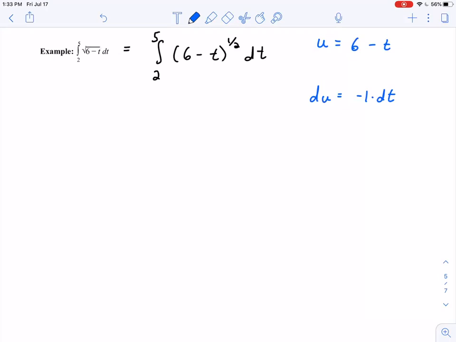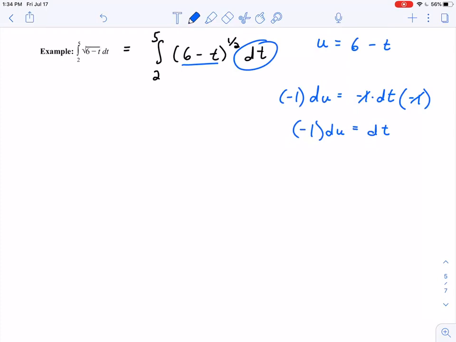I don't have a -1 to deal with here, I really only have the dt. So let's multiply both sides by -1 just to get rid of that.